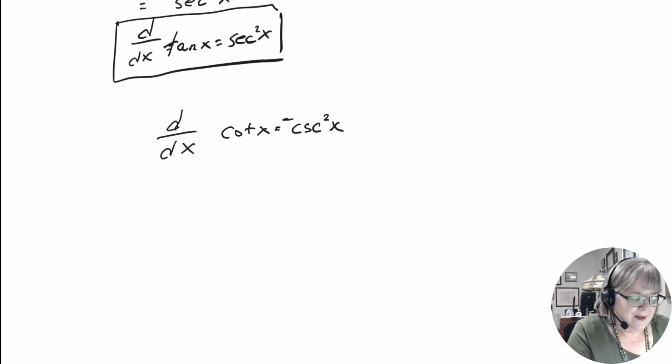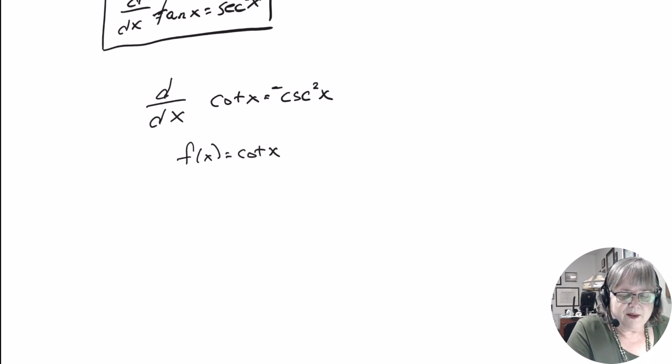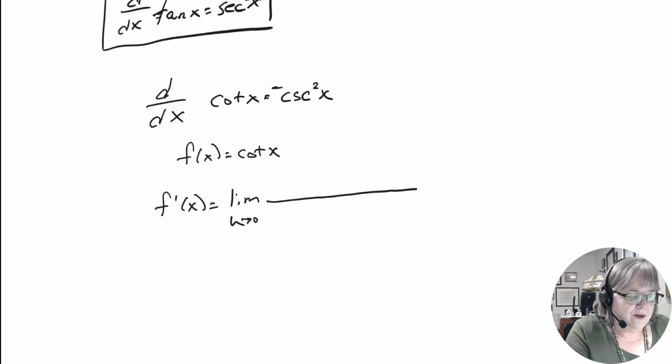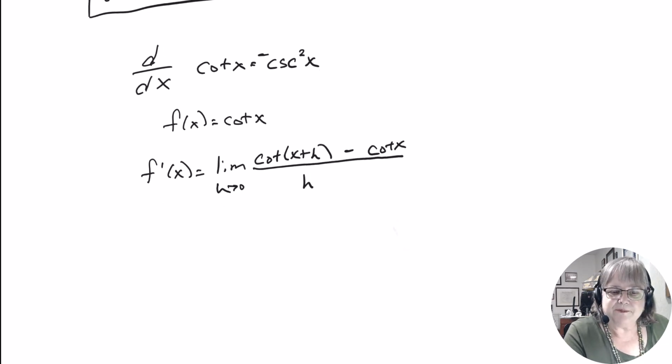All right, so if my f of x is cotangent x, then f prime of x would be the limit as h goes to 0, and you would have cotangent x plus h here and cotangent x here, all over h, right?